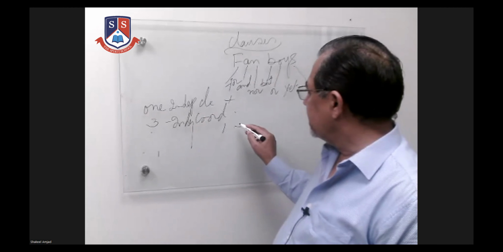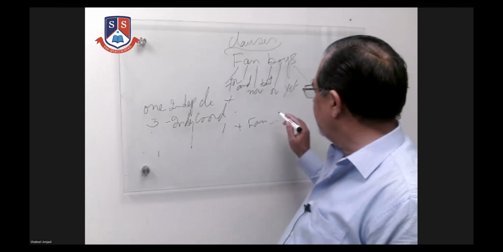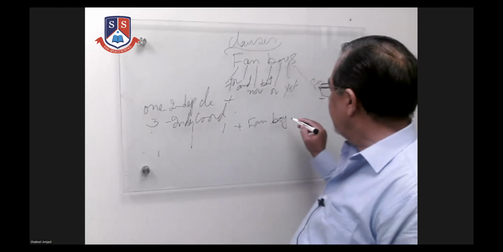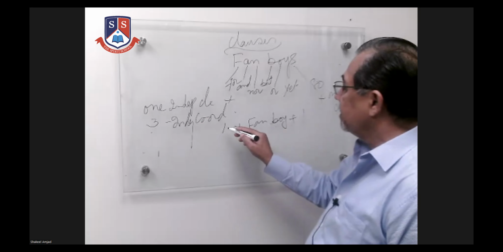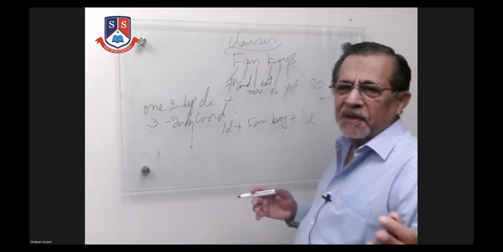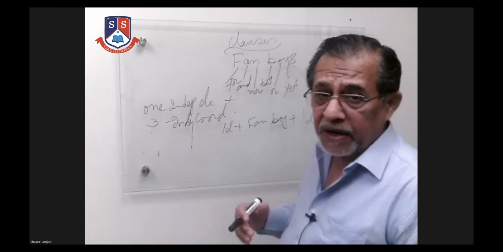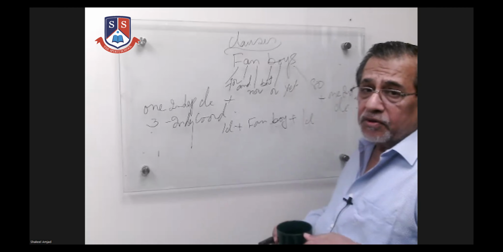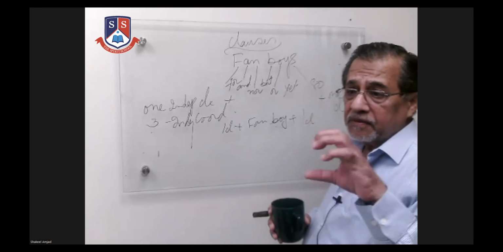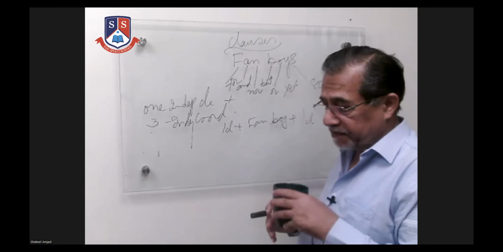One clause plus fanboy plus one clause. I have a small board, so please don't mind. And I want to avoid using more time to compress more concepts.